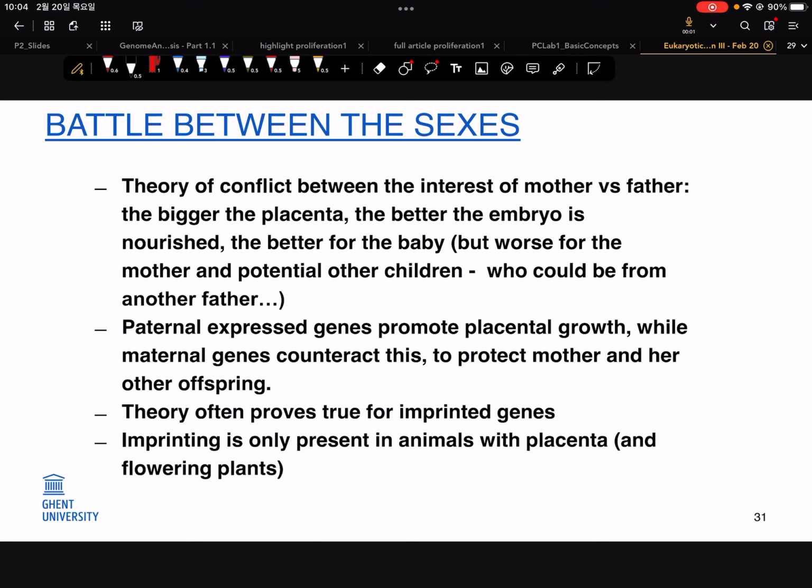The bigger the placenta, the better the embryo will be nourished. So when a placenta is huge, as mother, all your nutrients are driven towards that placenta going to that embryo. So that's good for the nourishment of that specific child.